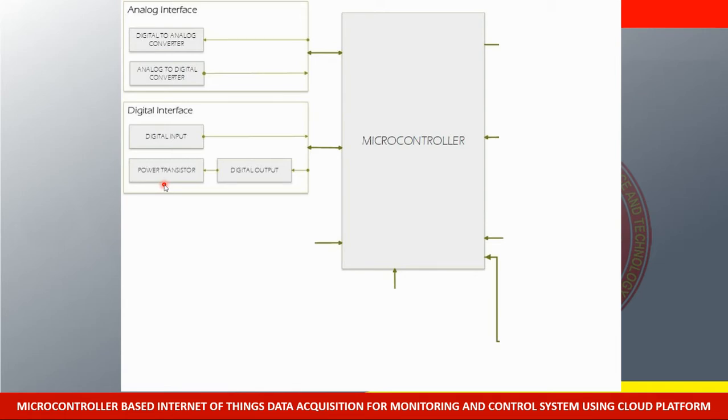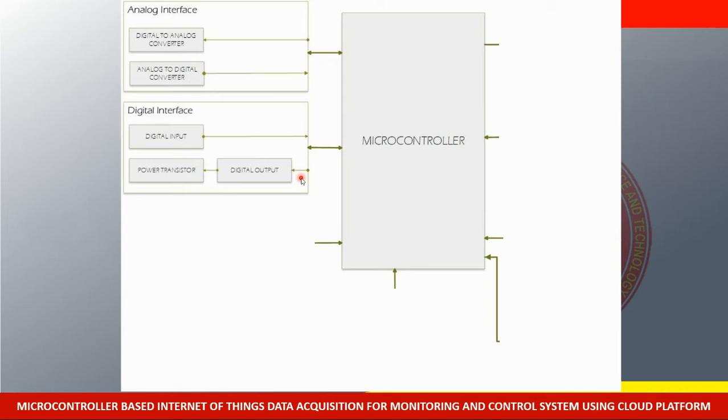Yung mga microcontroller, each pin, familiar kayo sa Arduino Nano and Arduino Uno, yung output ng mga pins na yon may limit na sinking current. Ito yung maximum current na kaya nilang ilabas, which ranges around 20 milliamperes to a maximum of 50 milliamperes.